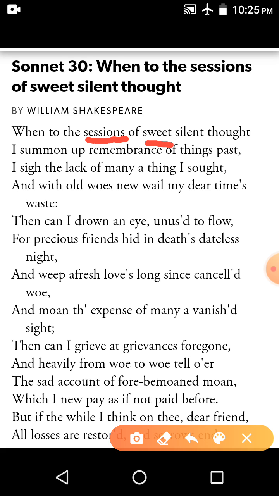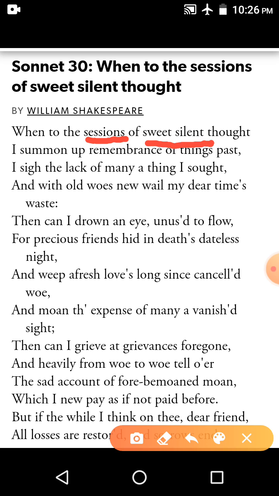So here William Shakespeare, we have alliteration in sweet silent. William Shakespeare wants to say that whenever a time comes in our life when we think about our past, whenever I think about the sweet silent thoughts of the past, I summon up.